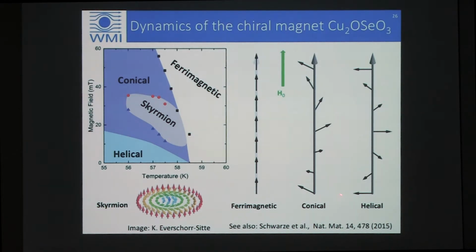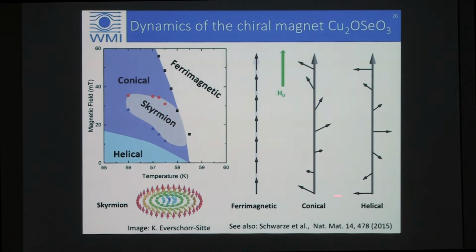What's really interesting when you go from the ferromagnetic to the conical order is that now there's a periodicity to the spin lattice. You go from here to here, and that length scale is about 10 to 100 nanometers, and then it's periodic again, and so on, whereas in the ferromagnetic there is no characteristic length scale in this picture.